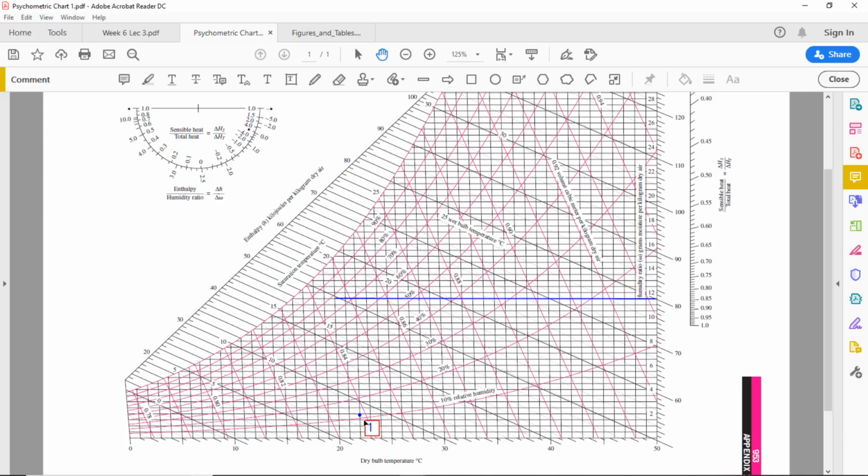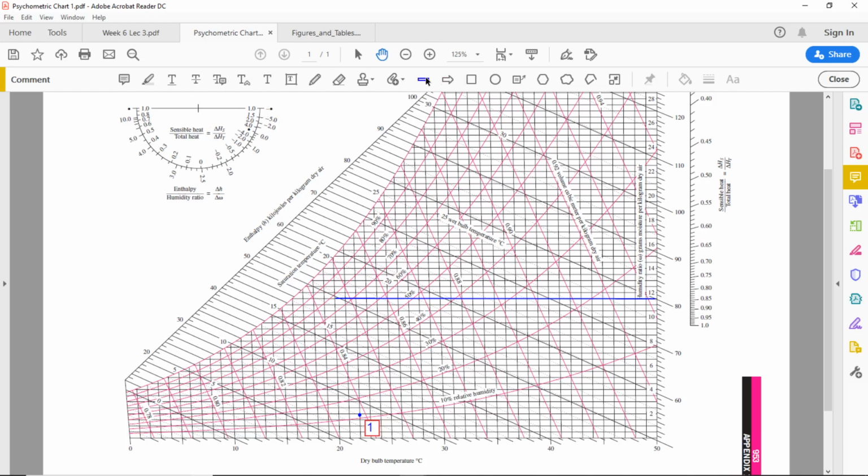We know that we have to start from 1 and we have to end up at W2, and the slope of the process line can also be obtained by using the value hw, which is equal to hg at 110 degrees C, which was 2.69.